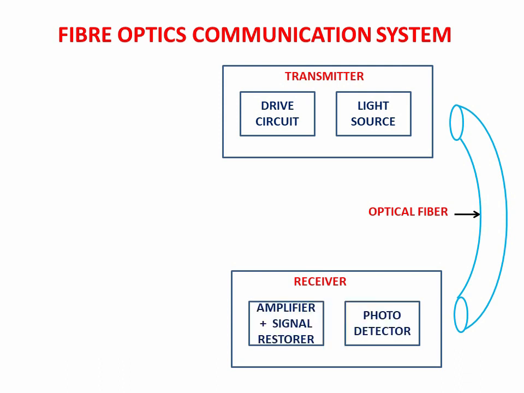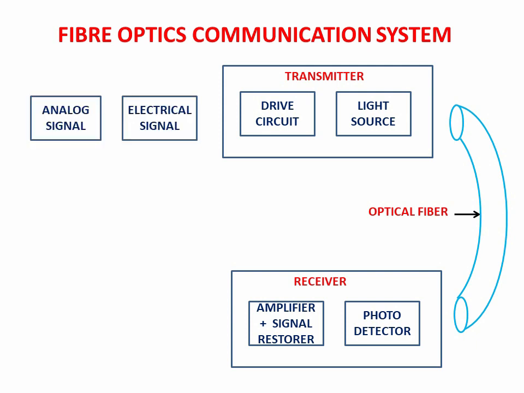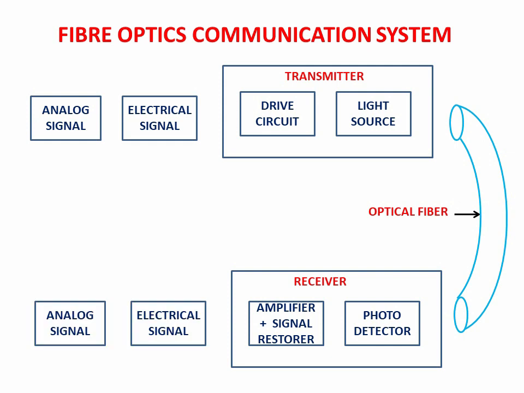In the receiver, there are three parts. The first one is photodetector, second one is amplifier, third one is signal restorer for decoding purpose. Then we are already having the analog signal, electrical signal when we are using phone. So finally we obtained the block diagram of fiber optics communication system.